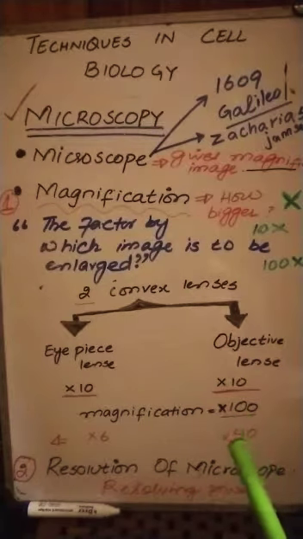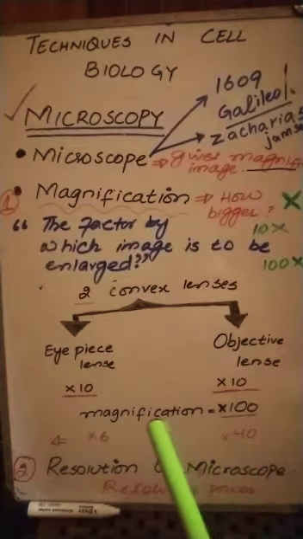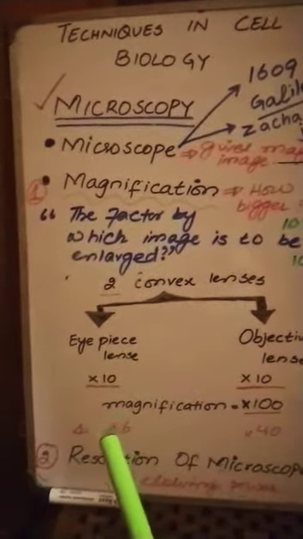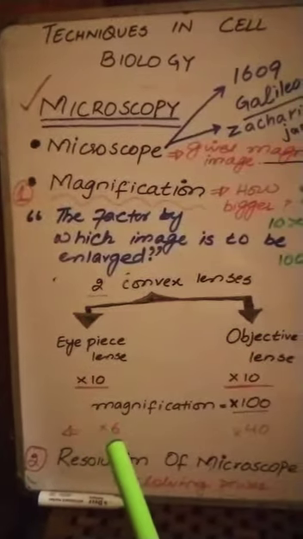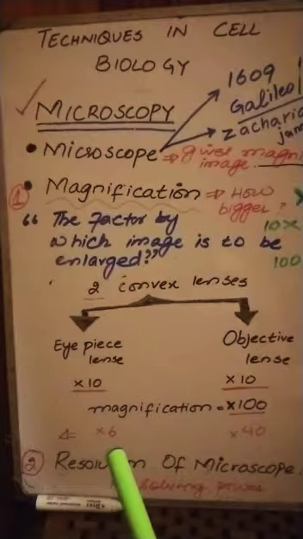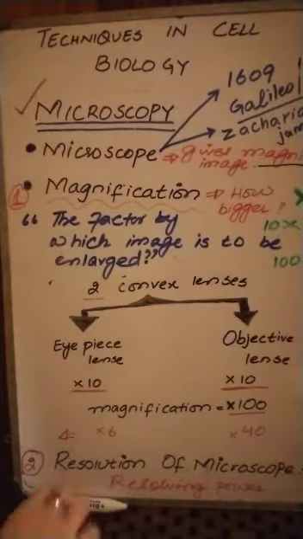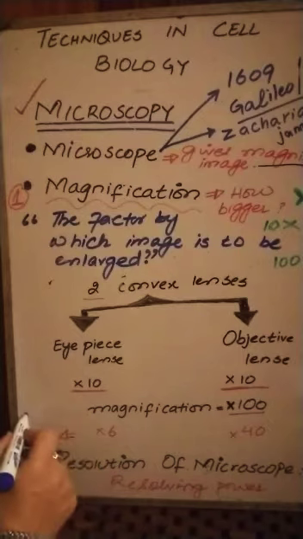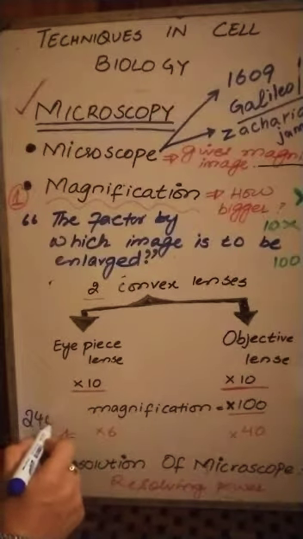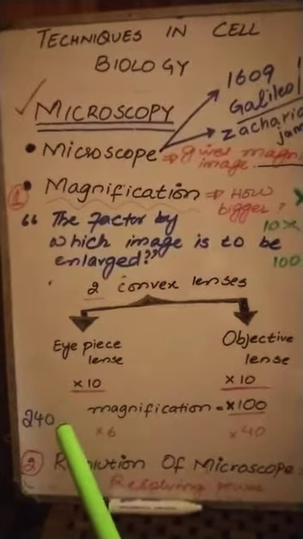Likewise, if our objective lens power is x10 and our eyepiece lens power is x6, by simply multiplying we get the result, and that result is 60. This tells us about the magnification power of the microscope.